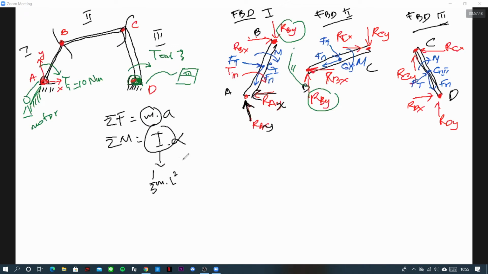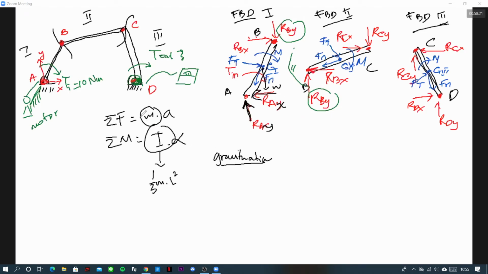What I will not state in the questions is gravity. If I say that gravitational force is neglected, then you can neglect it. But as long as I don't say the gravitational force is neglected, you should also compute the weight W going downward.